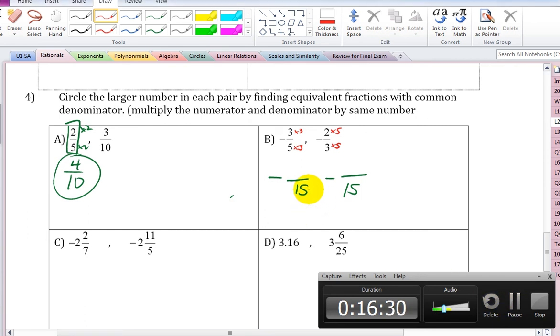So for B, which one's bigger? This one will be 9 over 15. This one will be 10 over 15. Because it's negative, this one's larger. Okay, smaller digits, larger numbers for negatives.